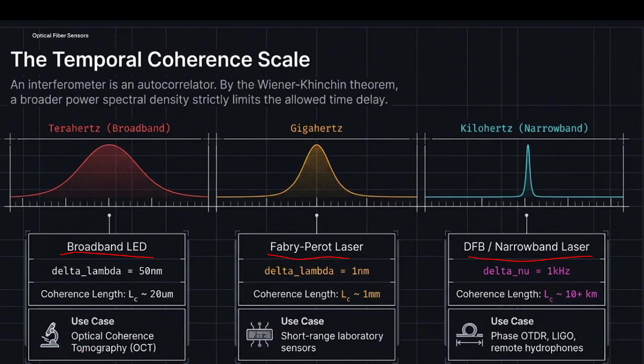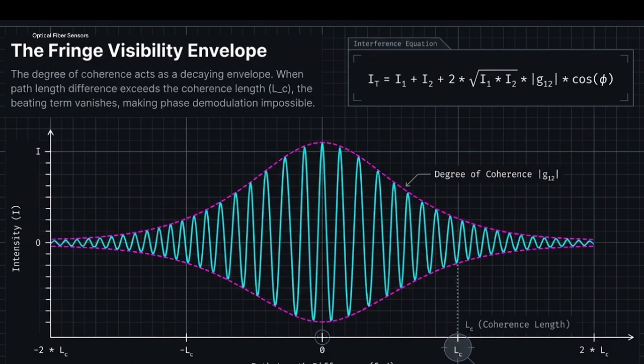Then what are the application uses of these particular types? So OCT, then short range laboratory sensors, then OTDR and LIGO remote hydrophone, there we can use.